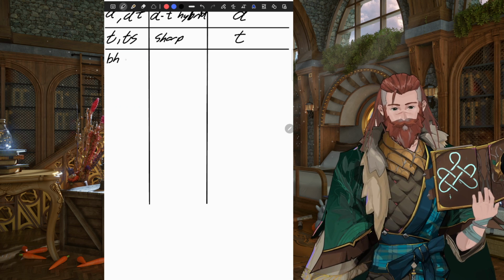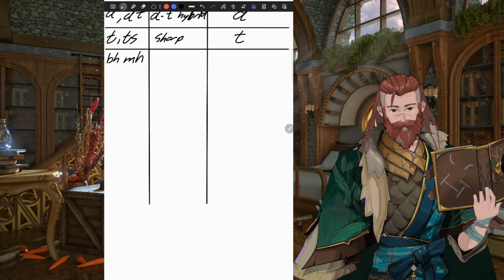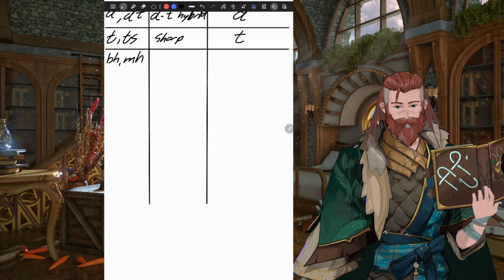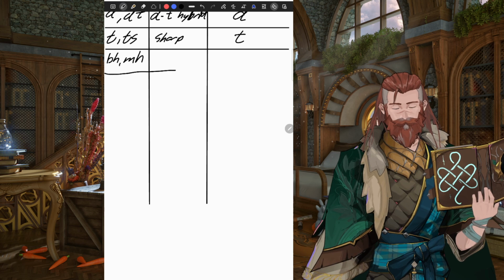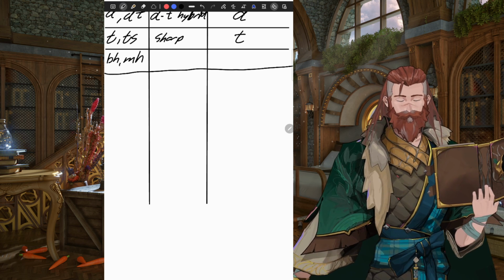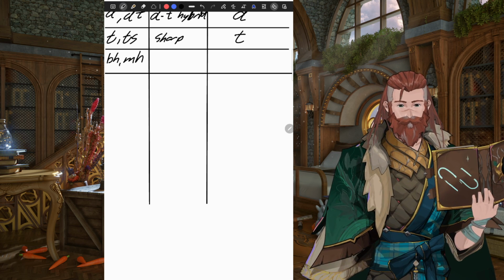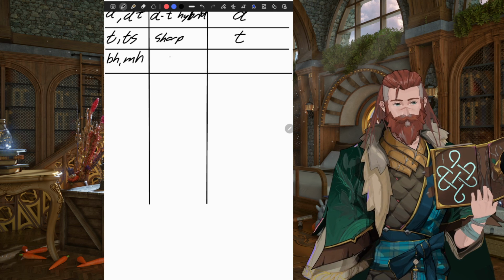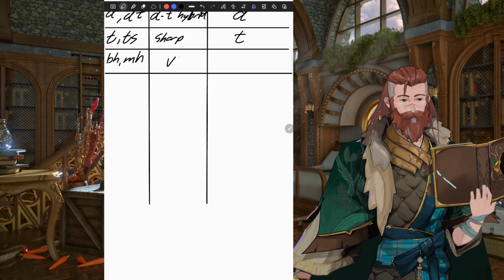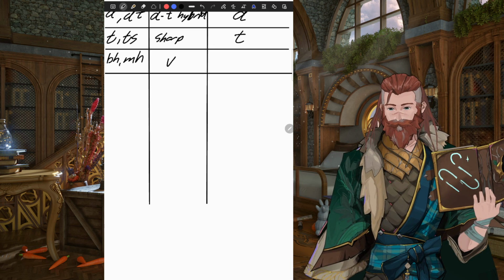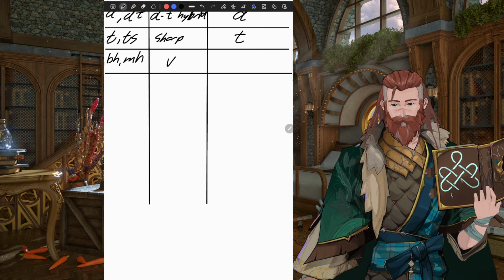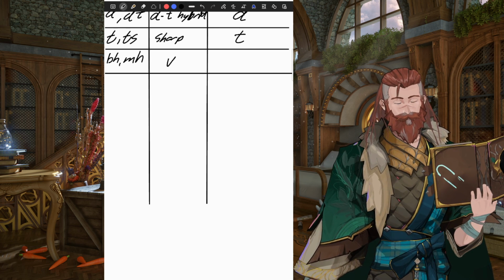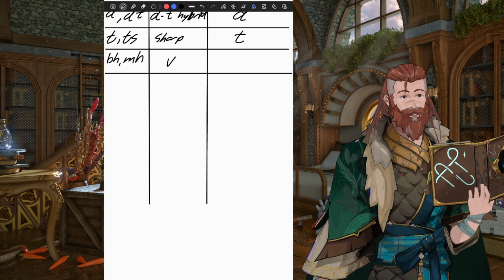So for BH and MH, the slender form is going to be a V sound. V, vris, Iver, my own name, Eimear.